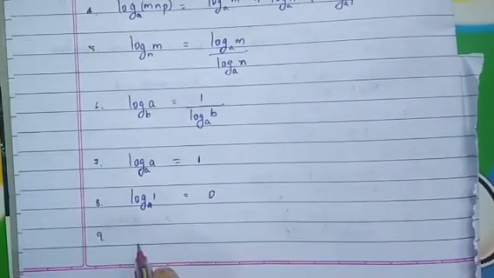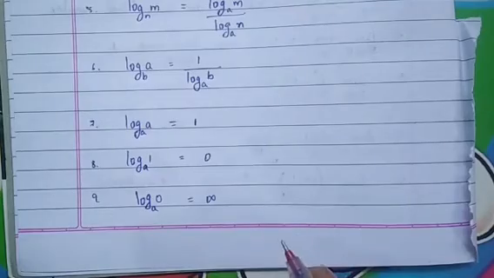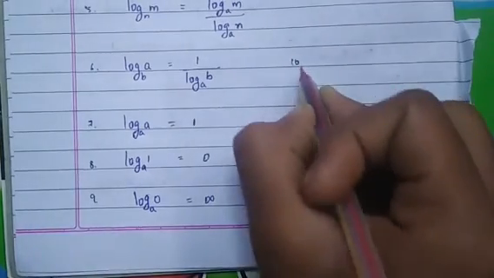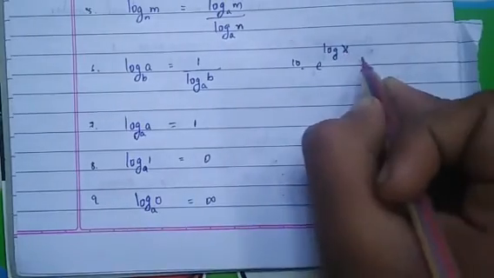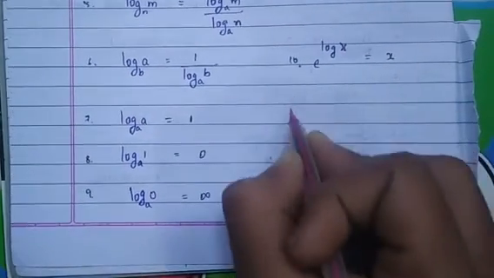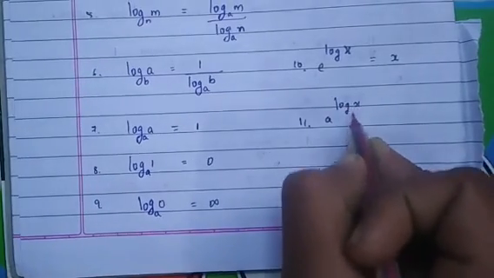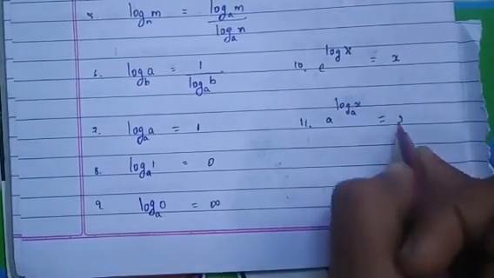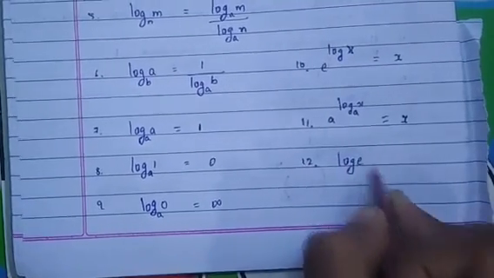And log 0 base a which is equal to infinity. And e power log x value is always equal to x. And a power log x base a which is equal to x. And lastly, log e base e value is always equal to 1.